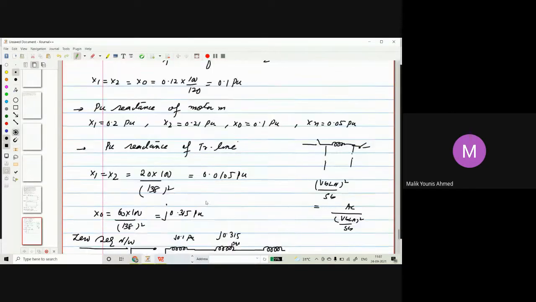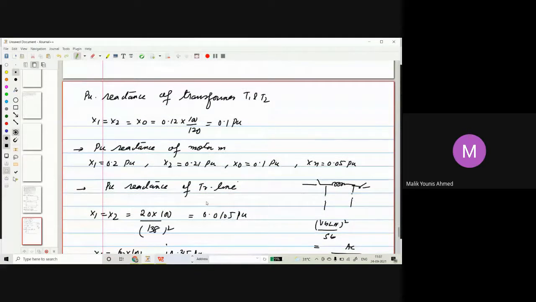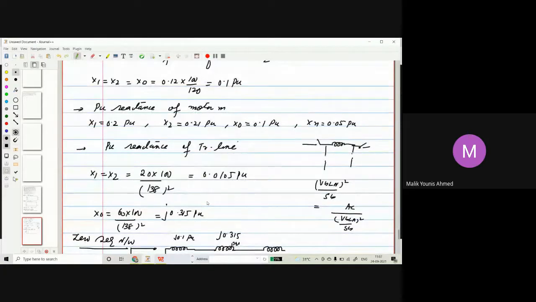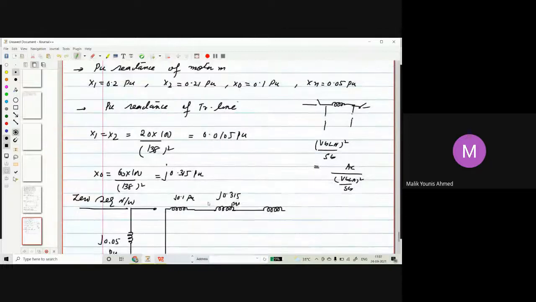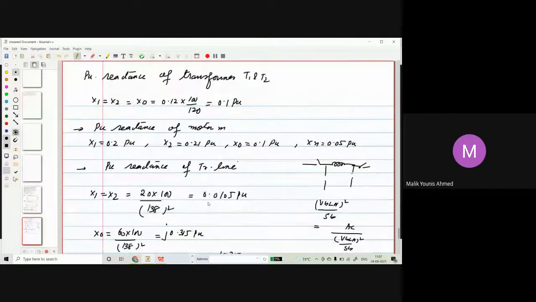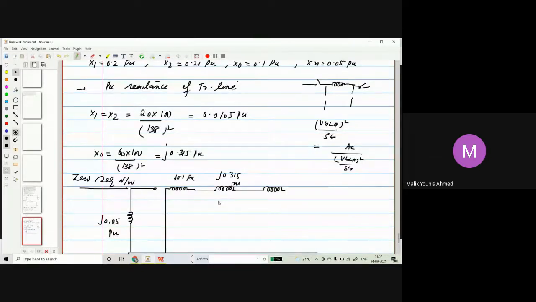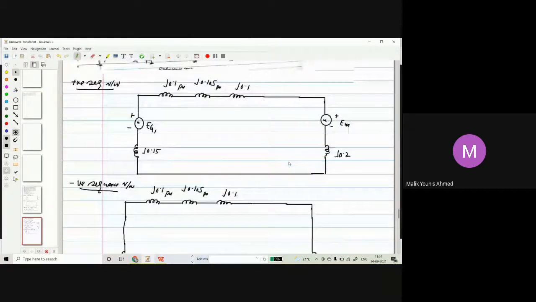T2 is the same as T1, 0.1. So the transformer is again 0.1 per unit.